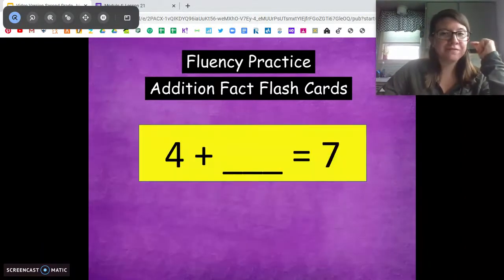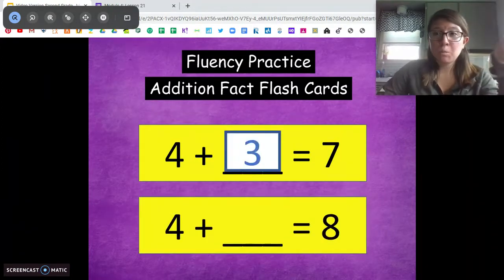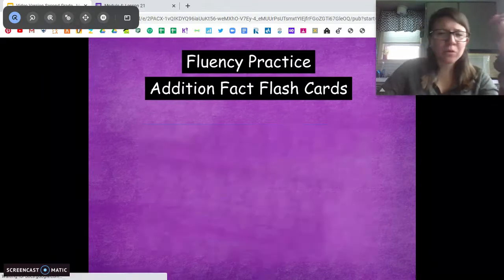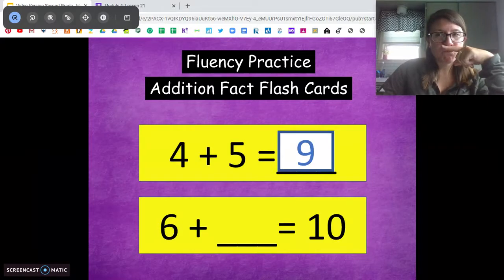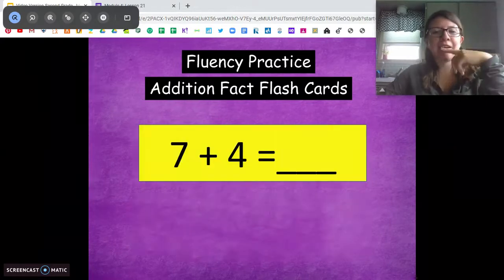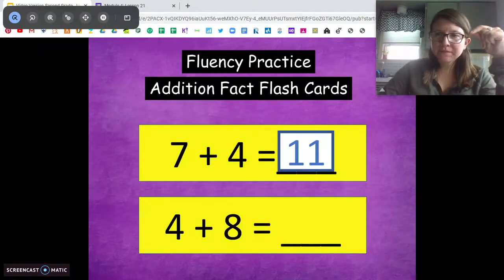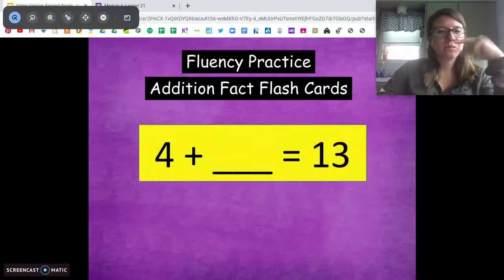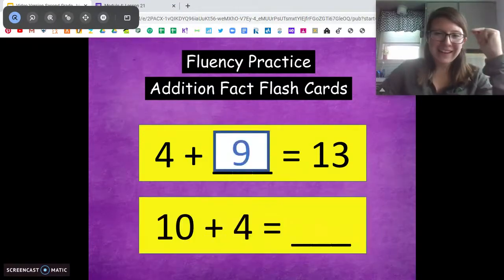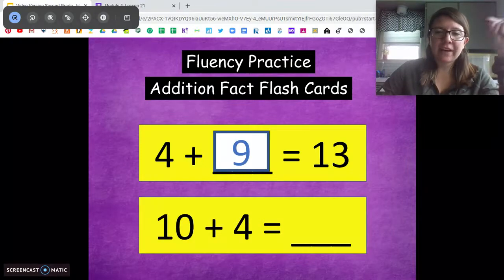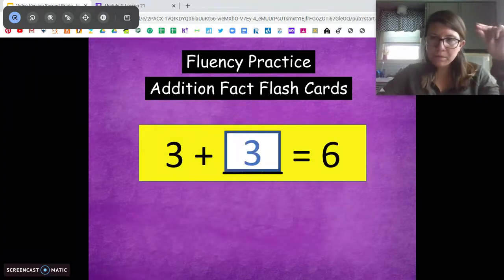Good. Missing number. Nice. Doubles. Whoop, whoop. Good. Missing number. Yeah. All right, here we go. Keep going. Good. You got it. Nice. Easy 10 fact. Good. All right, now we're going to do our 3 facts.